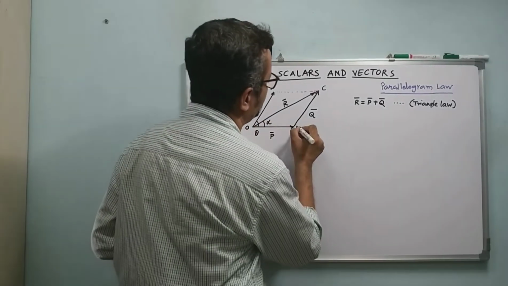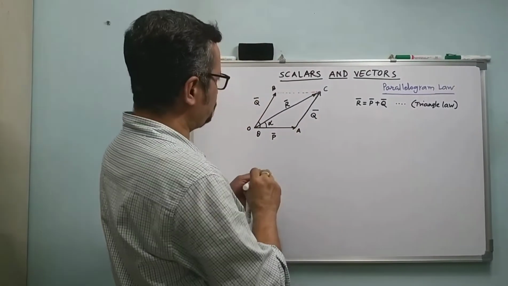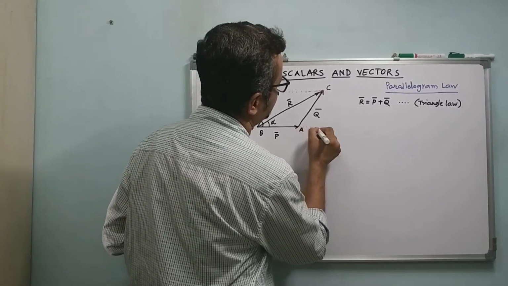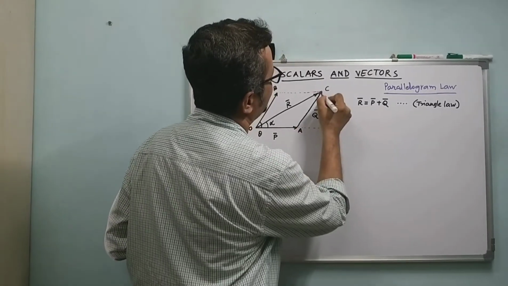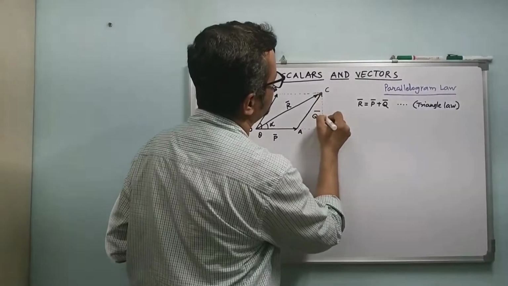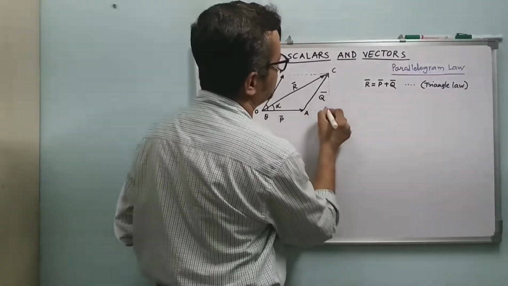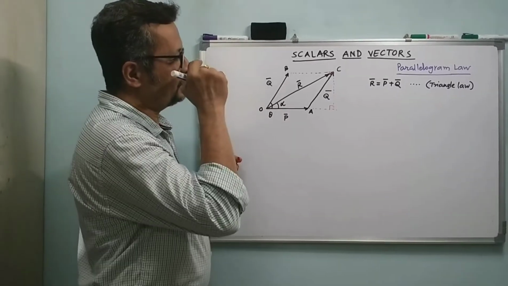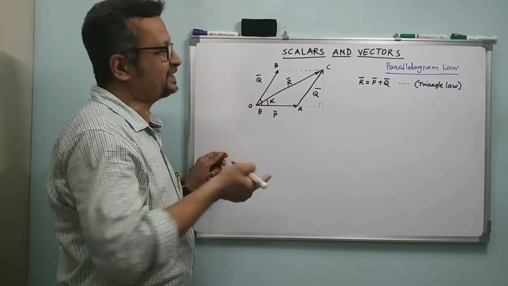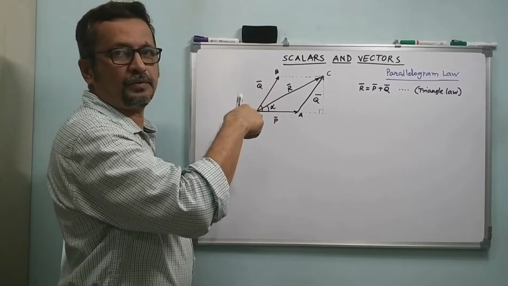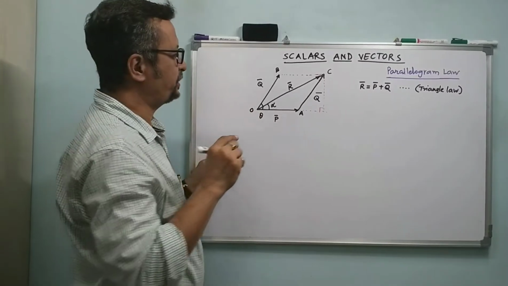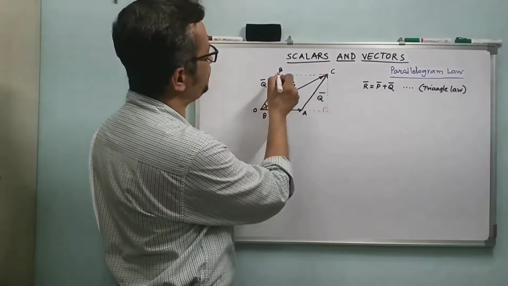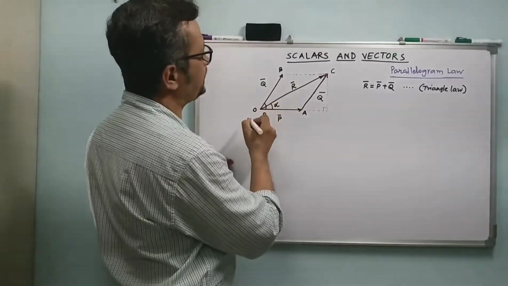What I'm going to do here is, again, I'll use red here. I'm going to extend this here, and I'll simply draw a perpendicular from this point C. Correct? What can we say about the whole thing now? Let us use some trigonometry. This angle is theta, the angle between P bar and Q bar is theta.